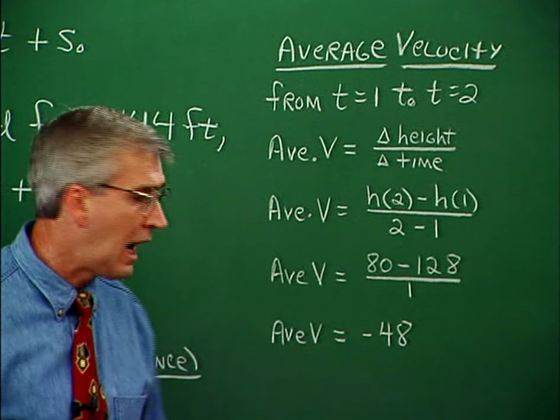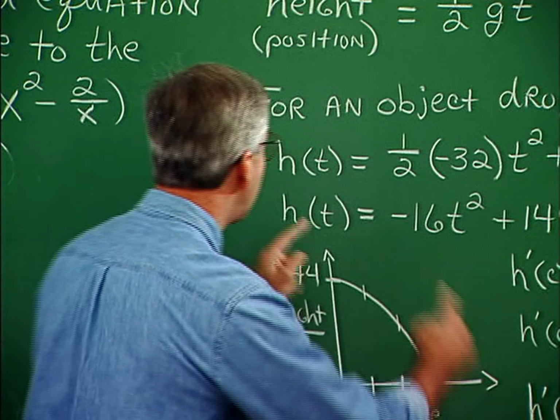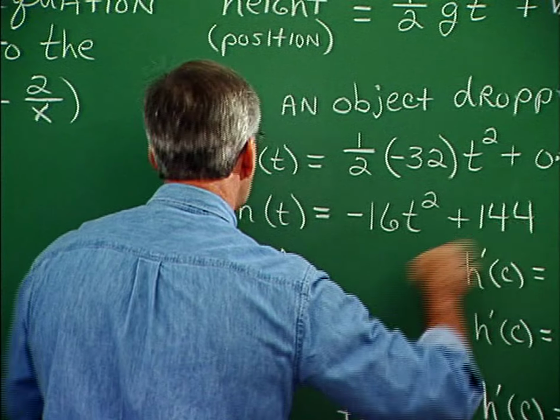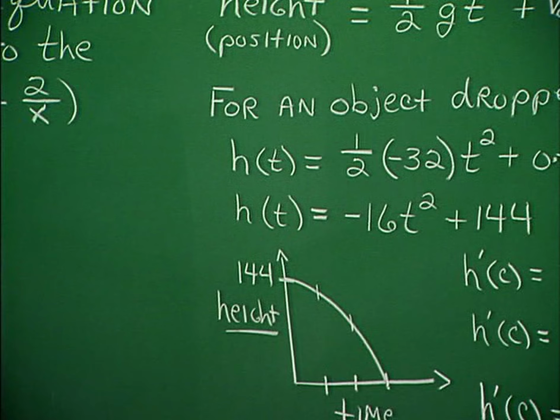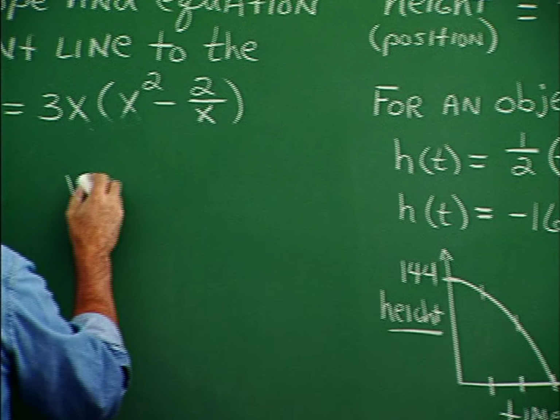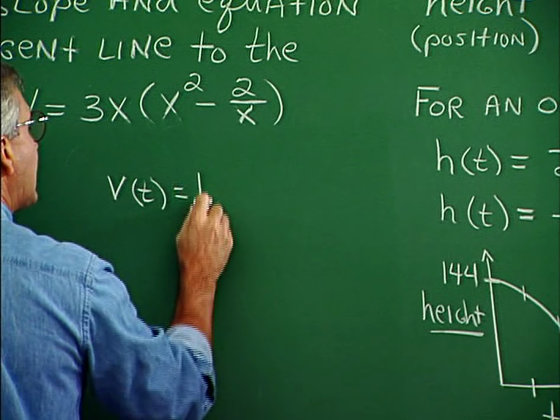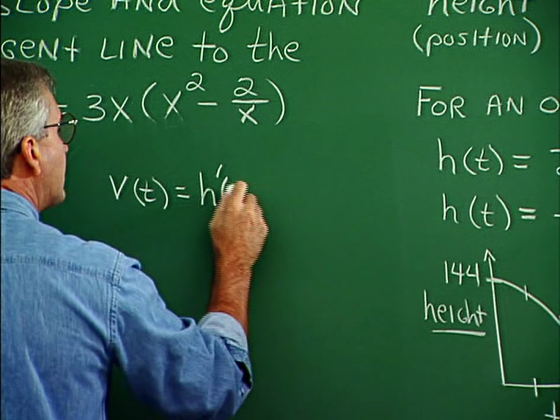Let's come back over here and make the calculation. Now we're saying that the velocity equation is nothing more than the derivative of the height equation. So if this is the height function, then our velocity function, v in terms of time, is nothing more than h prime of t.